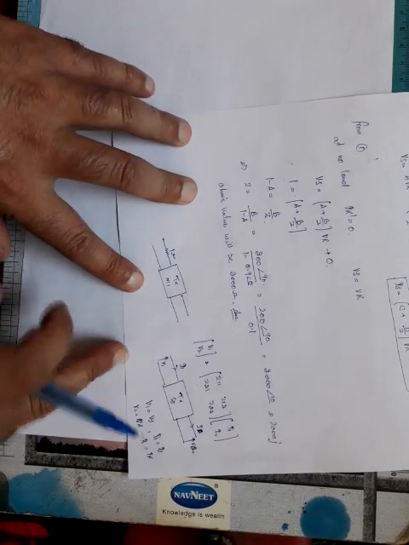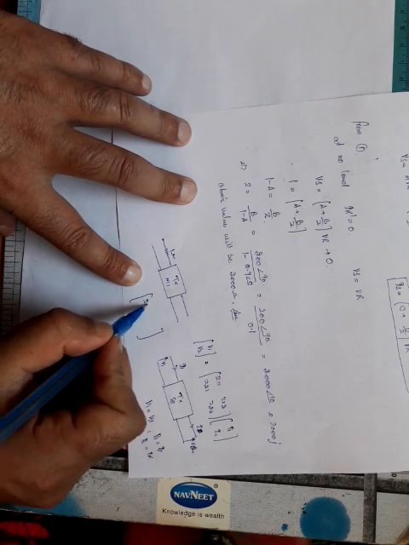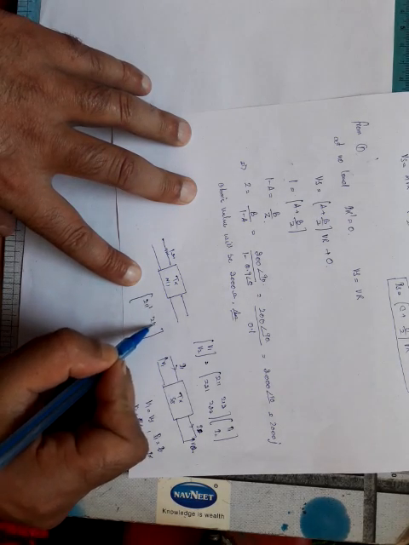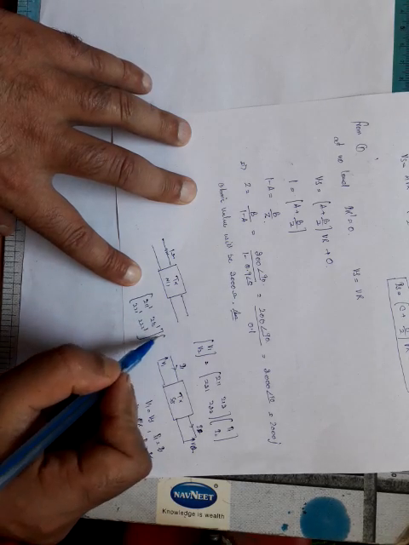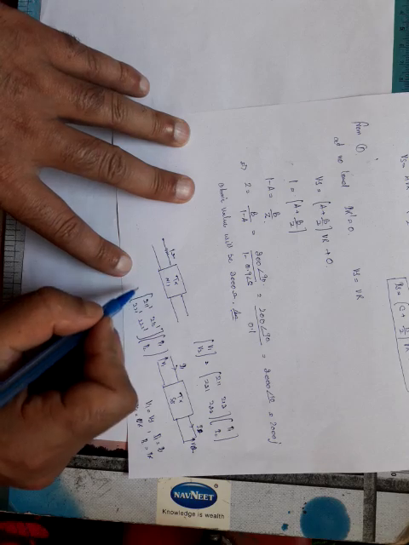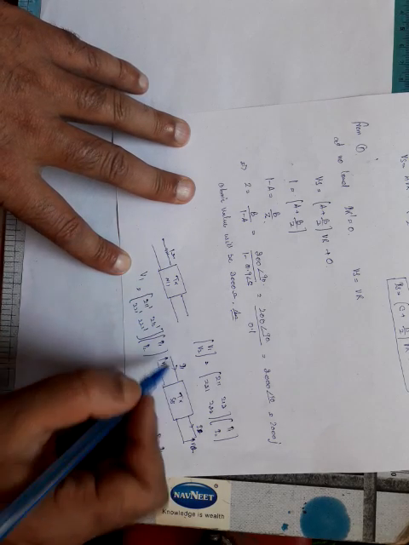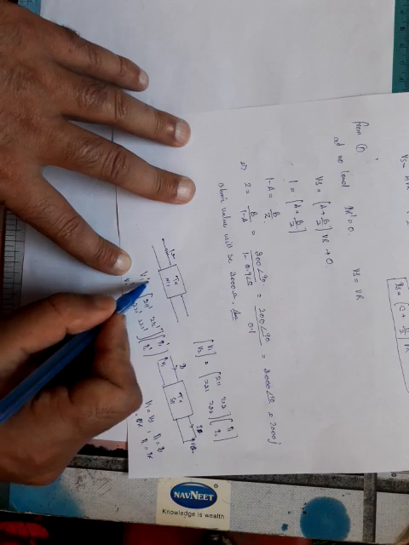You have to find out this Z matrix: Z11 dash, Z12 dash, Z21 dash, Z22 dash. I will write it as I1 dash, I2 dash, V1 dash, and V2 dash.